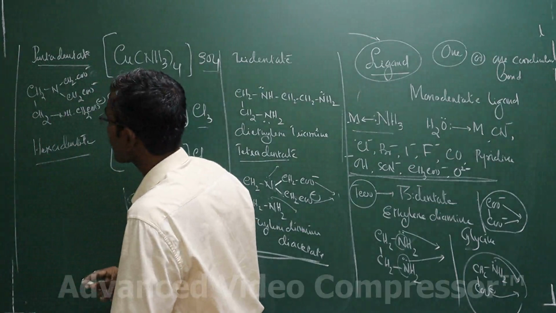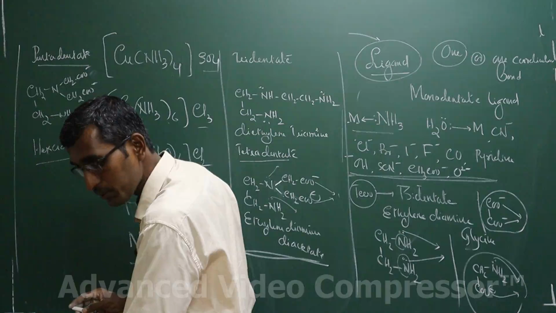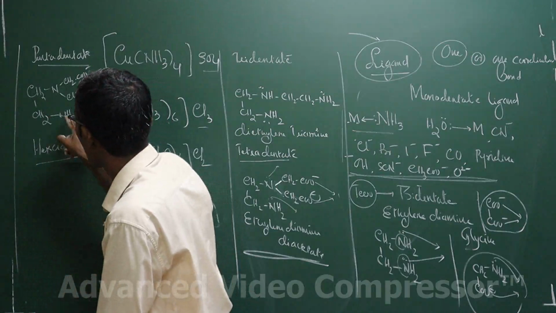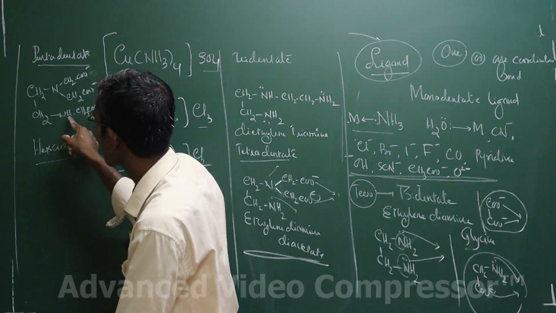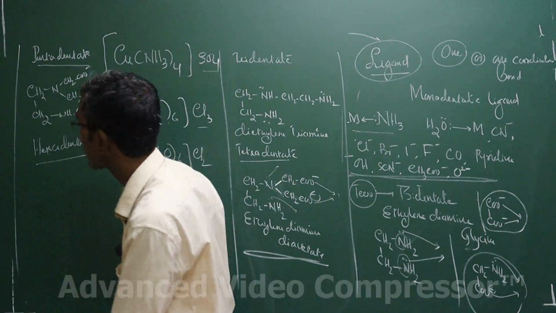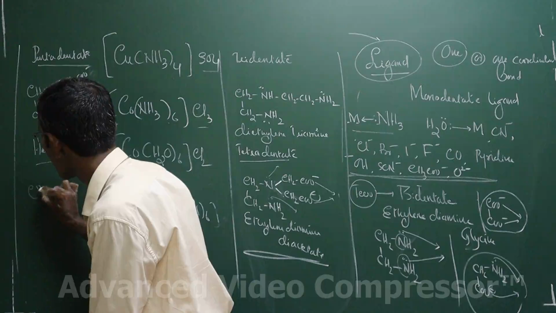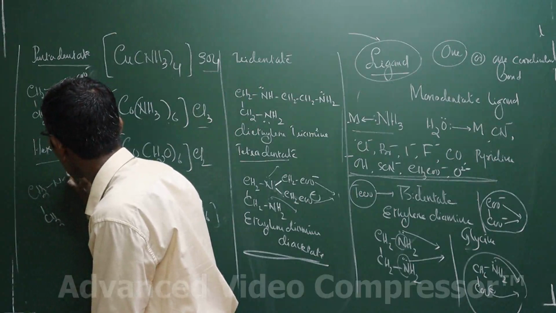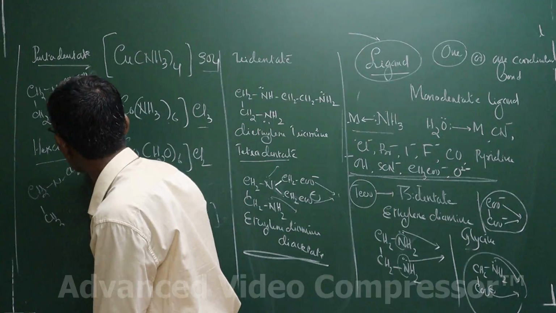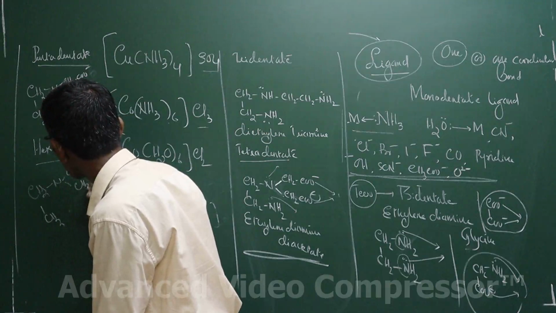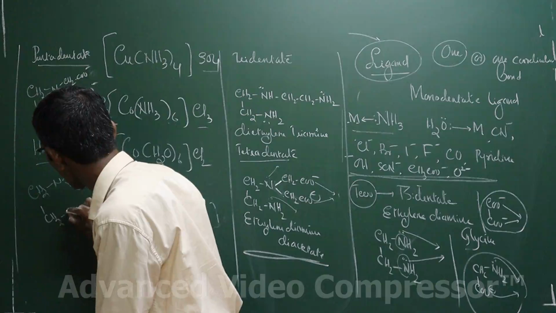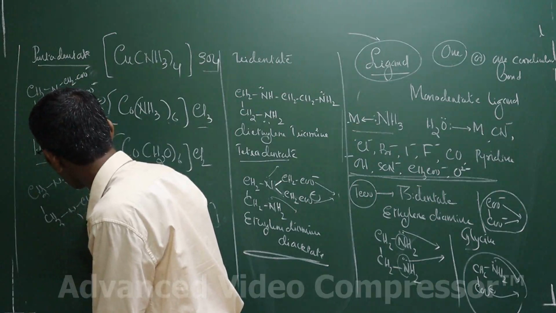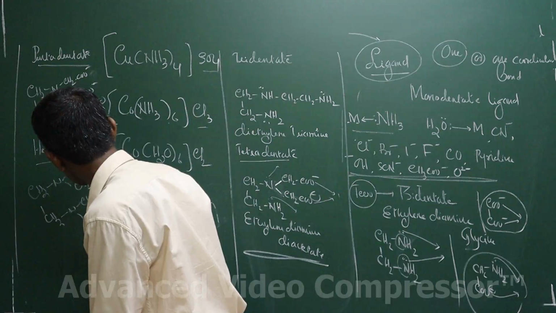Hexadentate ligand means one ligand can establish six coordination bonds with the central metal ion. The hydrogen that was left out will also be replaced by acetate ion, turning out to be CH2, N CH2COO minus, CH2COO minus, again N CH2COO minus and CH2COO minus.